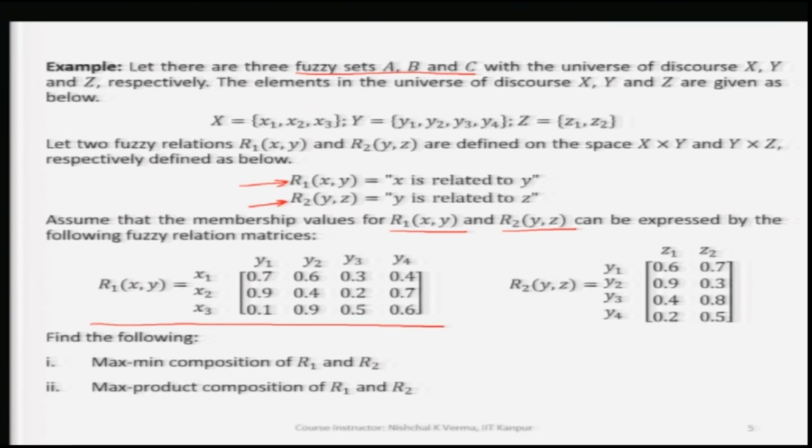So, R1 is a fuzzy relation matrix, and R2 is another fuzzy relation matrix.